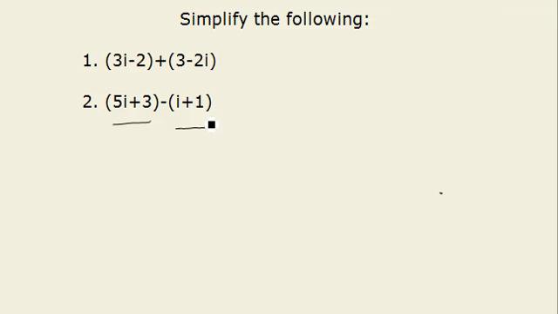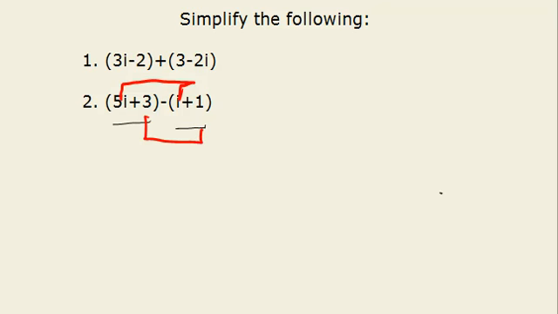We can now add like terms within our expression, so let's gather our like terms together, since we recognize that case 1, 5i plus 3, has no like terms, and case 2, i plus 1, has no like terms. So we will use the operation of subtraction in this case, and we will subtract i from 5i and 1 from 3.